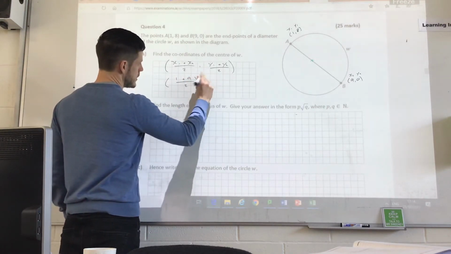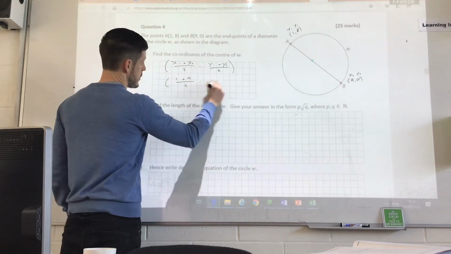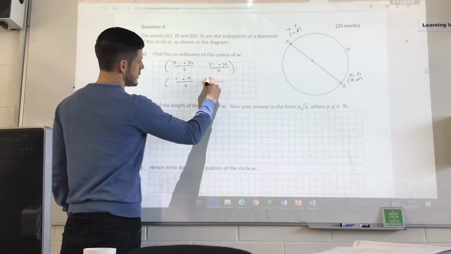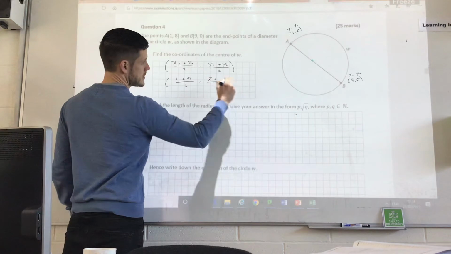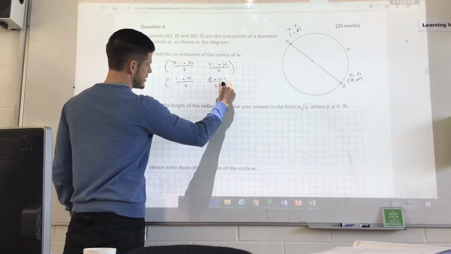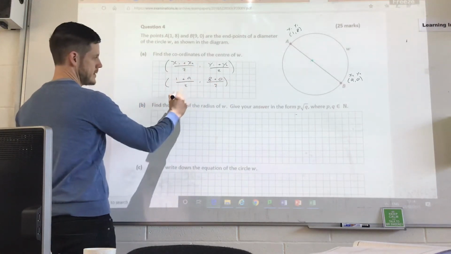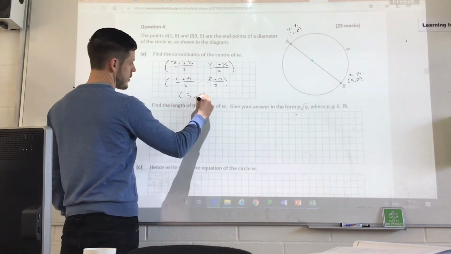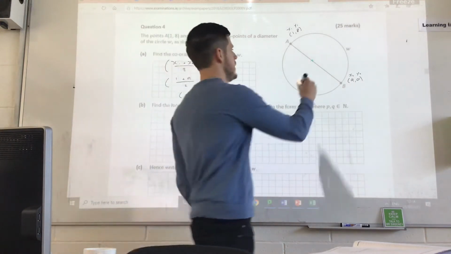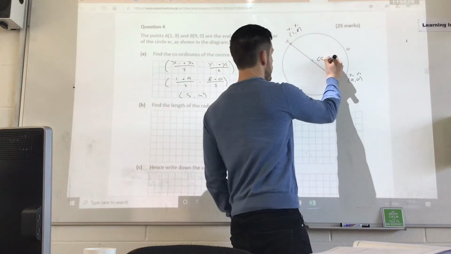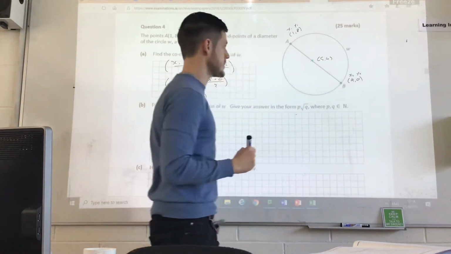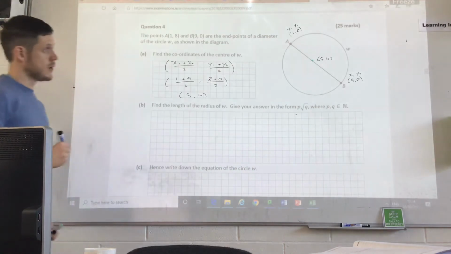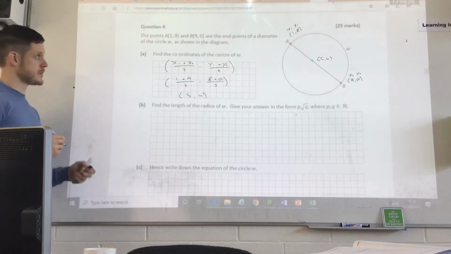And my y values, 8 plus 0 all over 2. 1 plus 9 is 10, half of that is 5. 8 plus 0 is 8, half of that is 4. So I get 5 and 4, and that's my centre point, or the midpoint of the diameter.